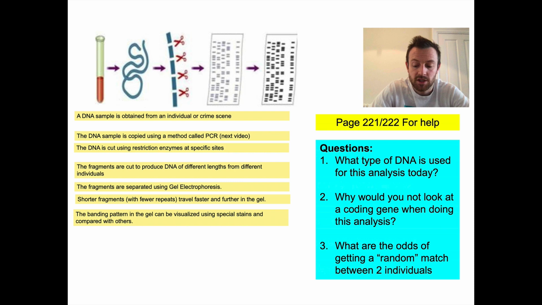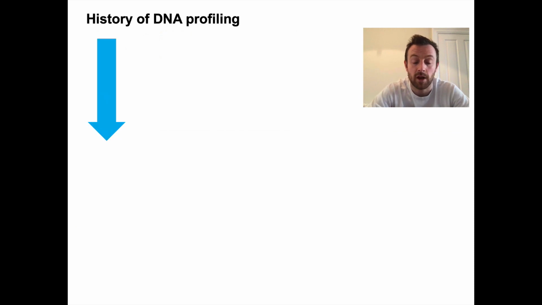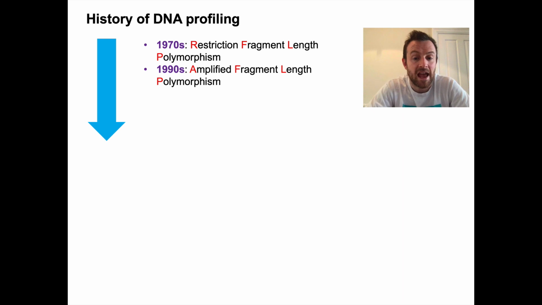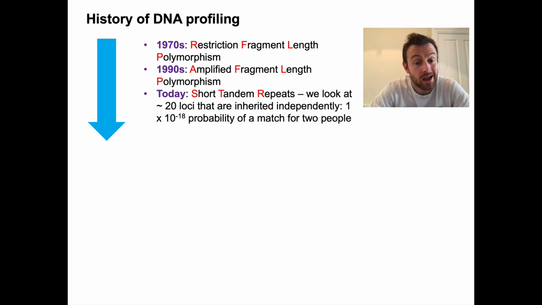Okay, so what about the history of these different techniques, the history of the DNA profiling and the different types of DNA sequence that we've used to do it? So there's a lot of letters that we use, like RFLP, AFLP, and STR.